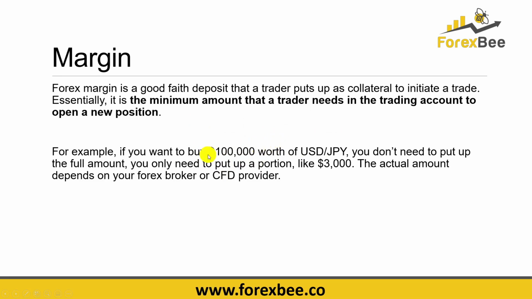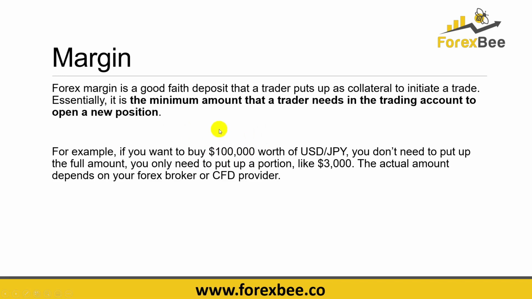Now, let's say your broker is offering you a leverage of 1:50, so you don't need to put $100,000 into your account. What you need to do is use that 1:50 leverage, and you can trade using $2,000, okay?